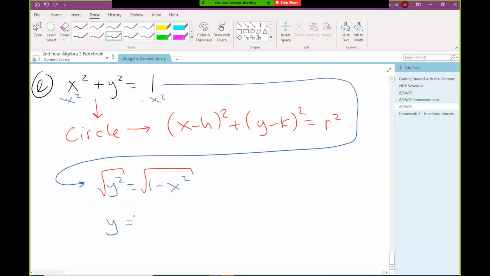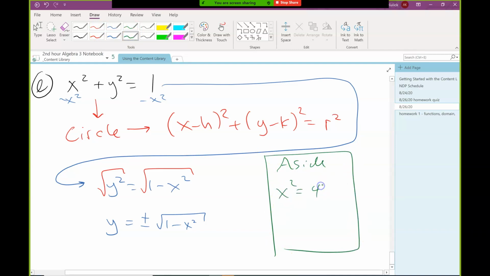Now, there's one important thing that we have to remember when we square root both sides of an equation. Does anybody remember that? The plus or minus. Very good. Do you remember why we need that? Why we create a plus or minus when this happens?